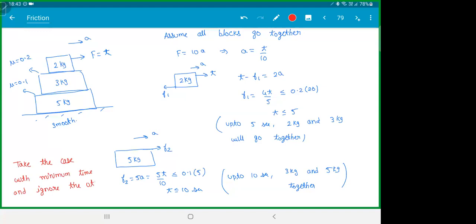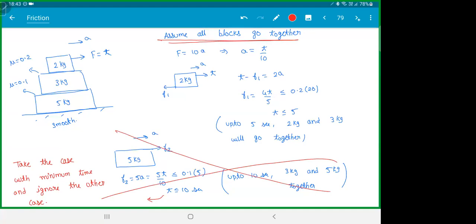You know why we are ignoring the other case? Why can't I just say 5 and 10? Reason: you derived this under what assumption? That all blocks go together, isn't it? Think about it. You got t less than 10 seconds under the assumption all blocks are going together. But at the 5th second, 2 and 3 kg started slipping, meaning this assumption has gone wrong. Are you getting the logic of why we discard the other data?